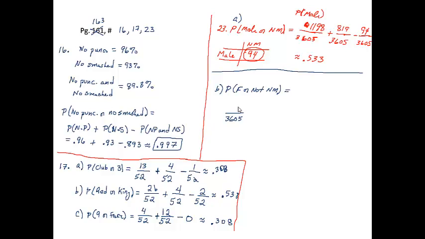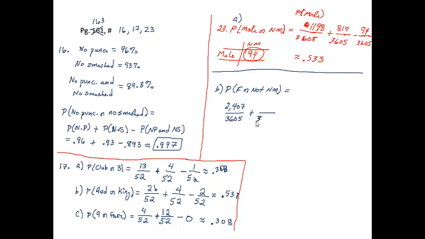Let's find out how many were females. So find the female row, go all the way over to the right, and the total is 2,407. So the probability, again, the female is the following, plus the probability of not a nursing major.